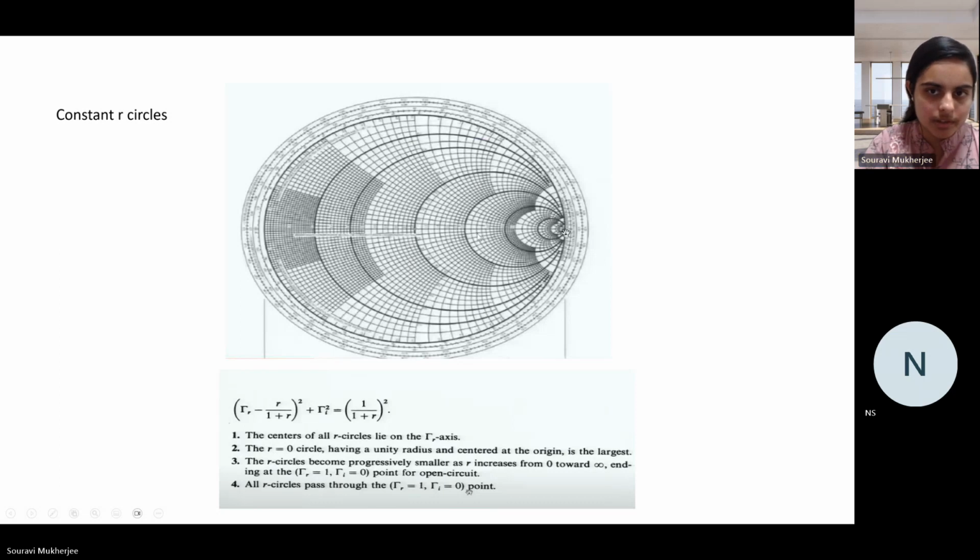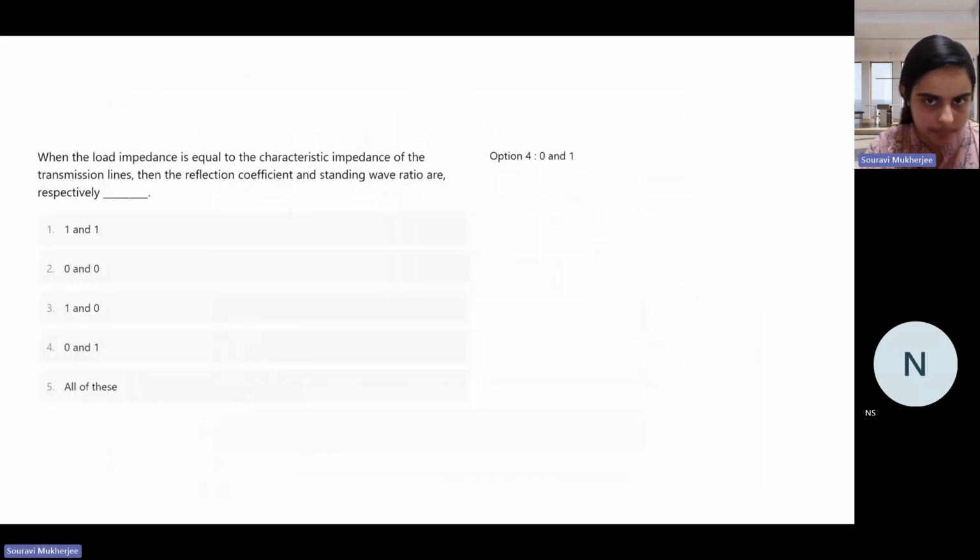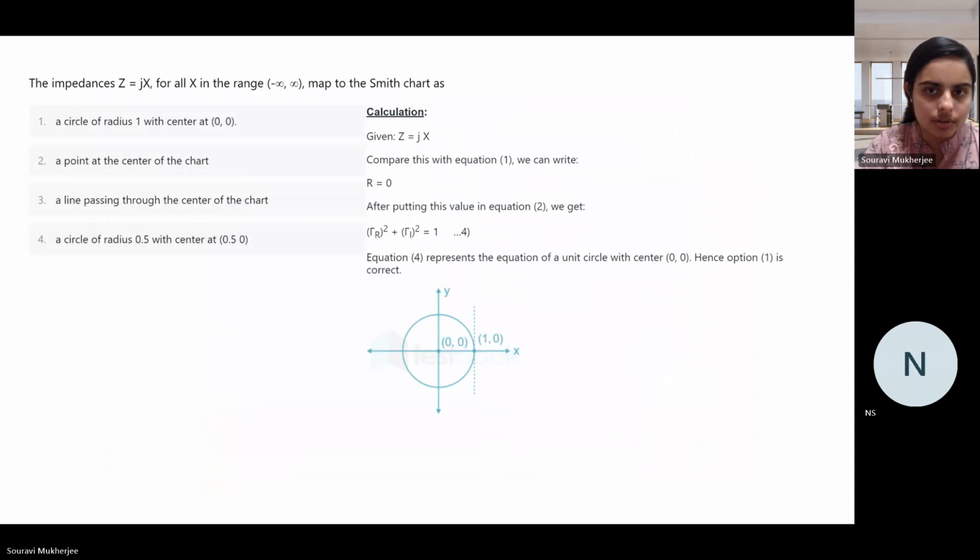This length is 1, the center is at 0, and you draw a circle out of that, and that is your R equal to 0 circle. That's what the question is asking you to plot. It would be something like this, the big circle that we see in the Smith chart.